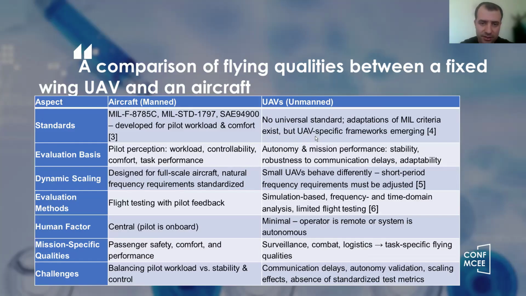In this table, I summarized the differences and similarities between aircraft and UAVs. For example, in terms of human factors, the pilot's role is central to the aircraft, but minimal to the UAV, as the UAV is always autonomous.